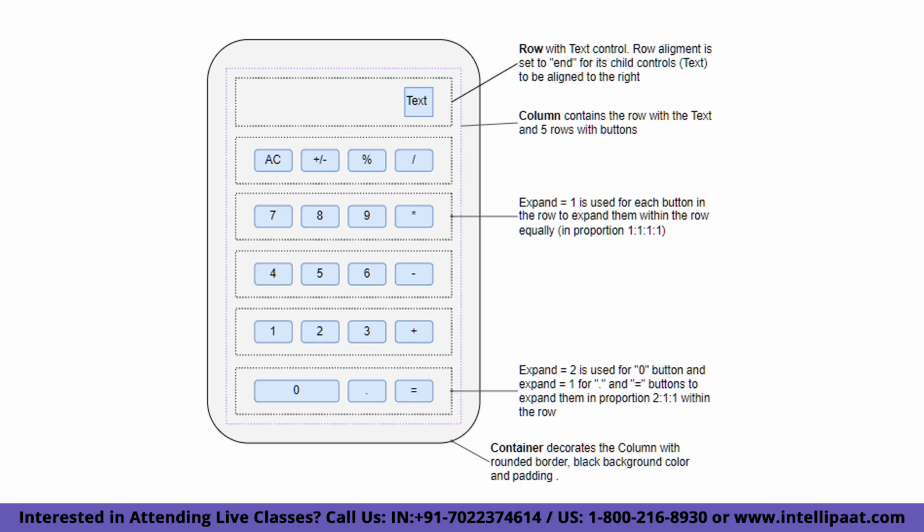So basically background color, padding as well as border radius, the border size are the values that developer will set while developing the application. In case of our calculator, the background color is going to be black for all the different rows.